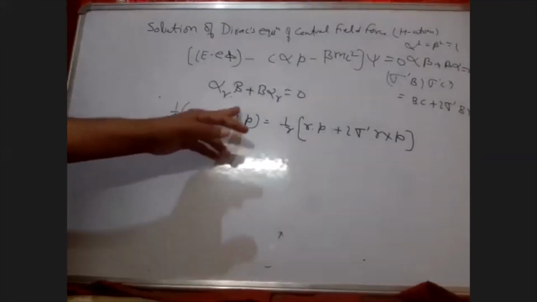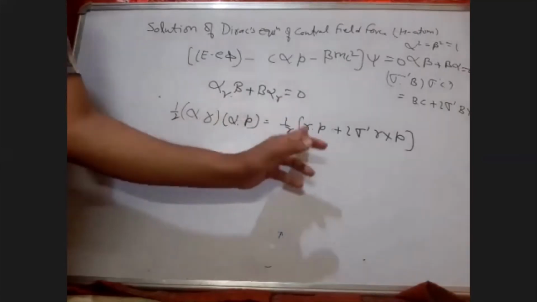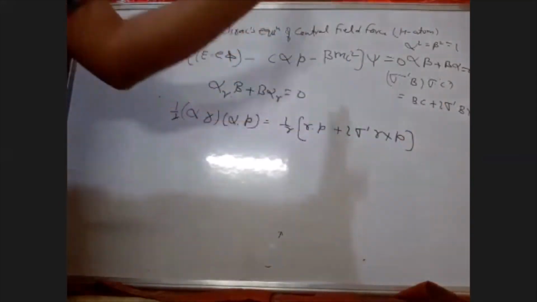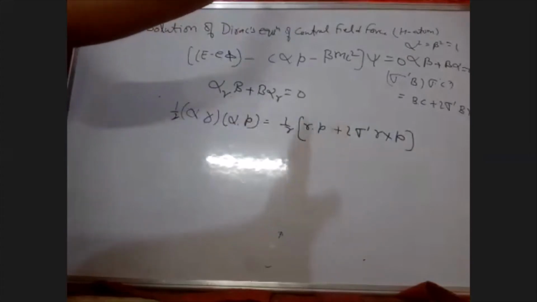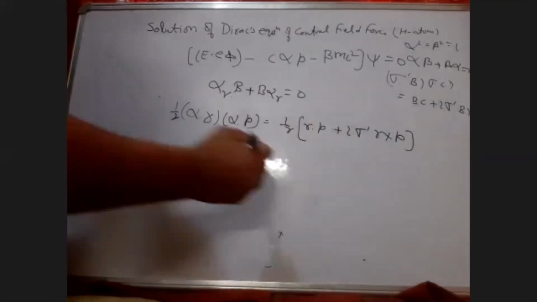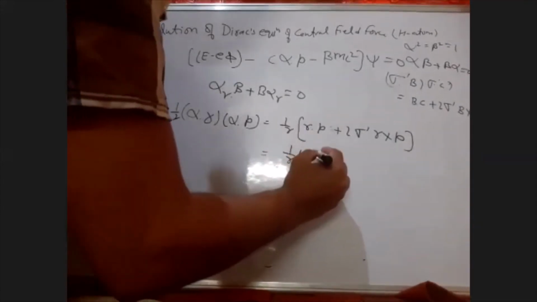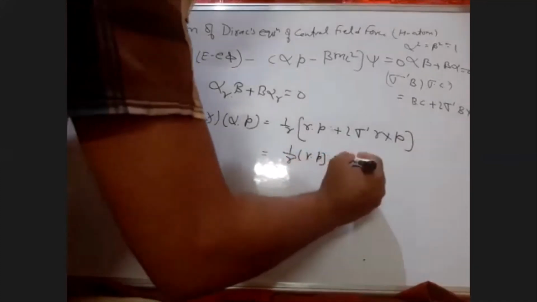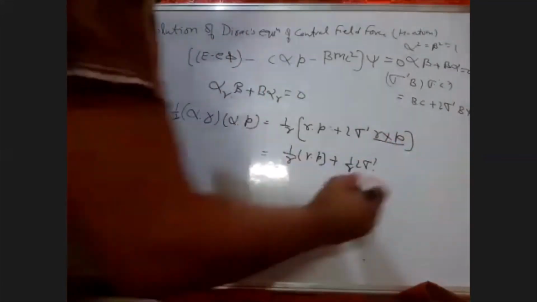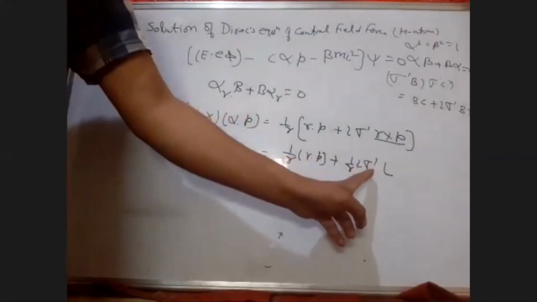So alpha dot r and 1 upon r, alpha dot r, alpha dot p is equal to 1 upon r, r dot p plus i sigma dash r cross p, which is equal to 1 upon r, r dot p plus 1 upon r i sigma dash, where r cross p is L, so i sigma dash dot L.